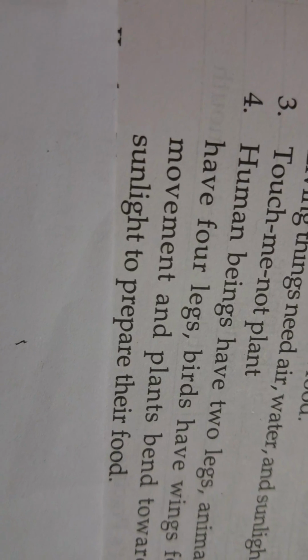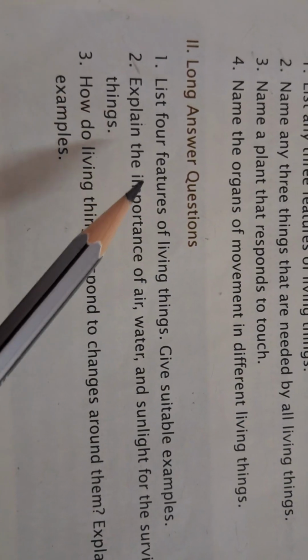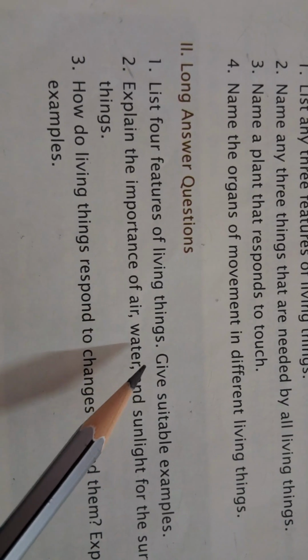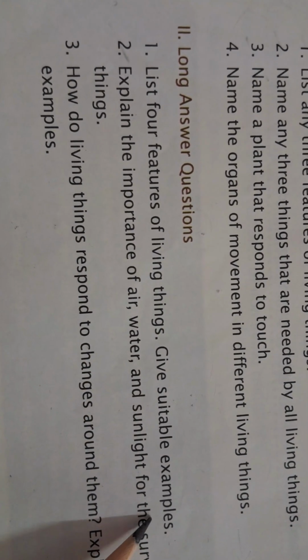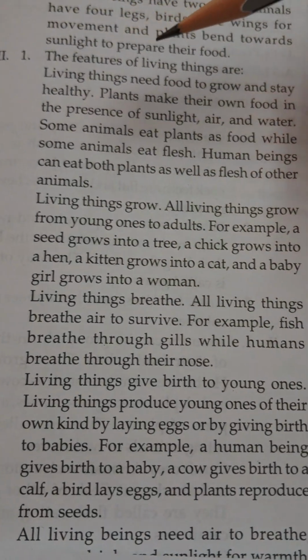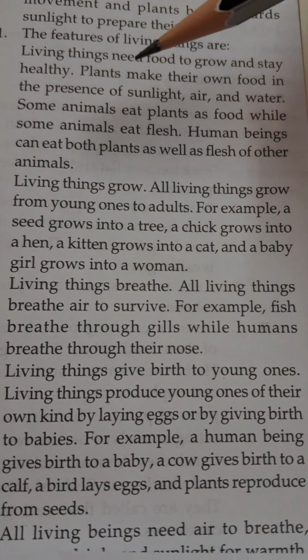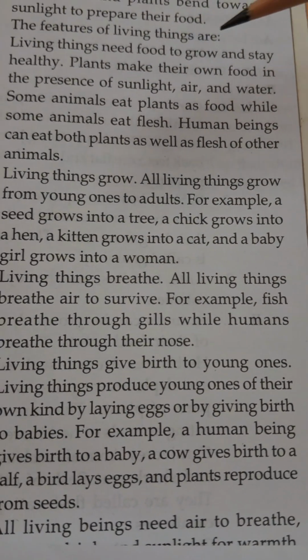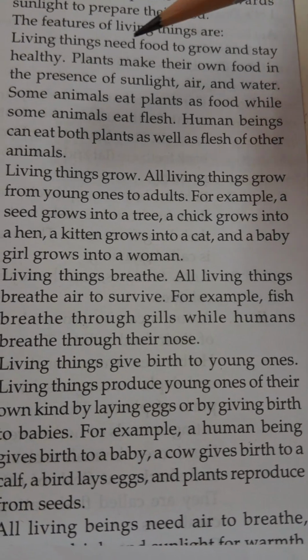Then next we will move on to the long answers. Long answer first question, list four features of living things. Give suitable example. The answer is, the features of living things are: living things need food to grow and stay healthy.